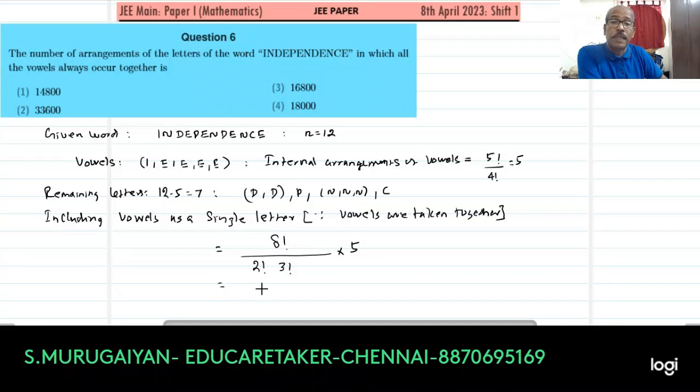So we should simplify: 8 factorial, 8 into 7 into 6 into 5 into 4 into 3 factorial, over 3 factorial into 2 factorial into 5. So 3 factorial can be cancelled. The 2 factorial and 4 give 2. 2 into 5, 10.